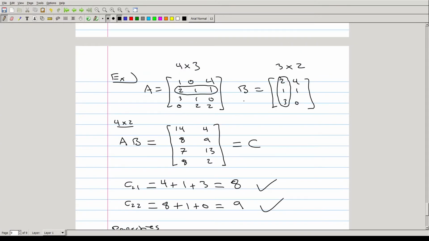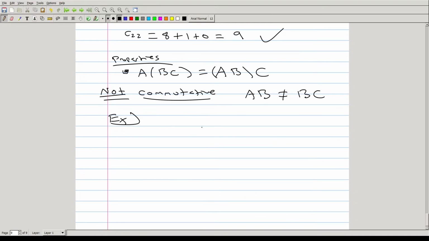Because if you take A and B here and try to do B times A, the matrix multiplication is not going to make sense, because you can't multiply a 3 by 2 matrix by a 4 by 3 matrix. But even if the matrices are square matrices, for example, the matrix A is 1, 1, 2, 1, and the matrix B is 2, 1, 1, 1.